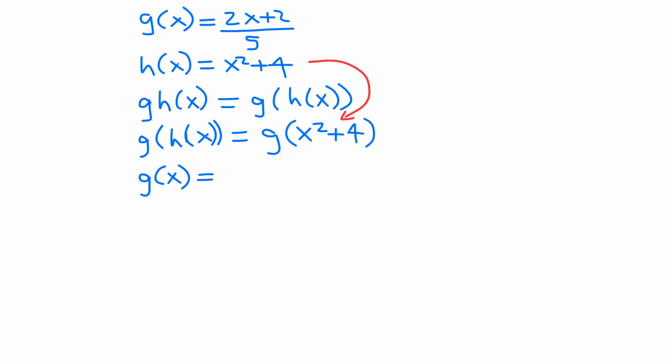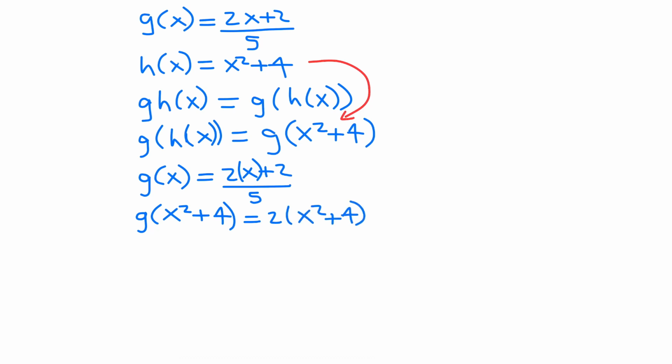So we know g of x equals 2x plus 2 over 5, and I'm just going to put a bracket around the x just to make it clear. And then we're just going to replace all our instances of x with x squared plus 4. And then all we have to do once we've done that is simplify.